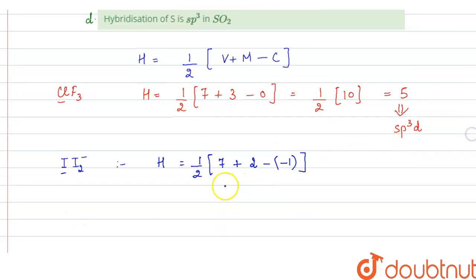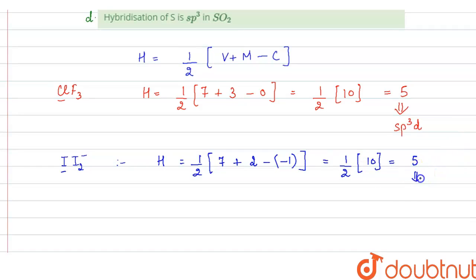When we calculate this, it comes out to be half into 7 plus 2, 9, and minus minus plus 1. So it will be equal to 10. So 10 by 2 will be equal to 5, and 5 means the hybridization will be sp3d.